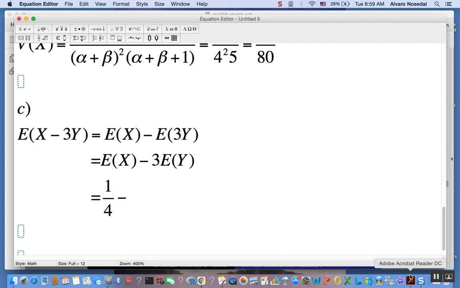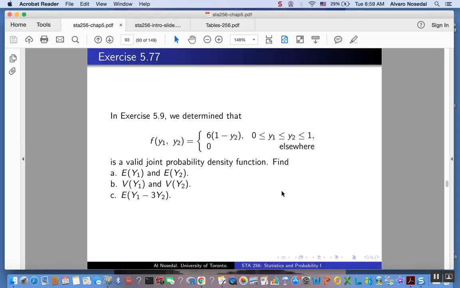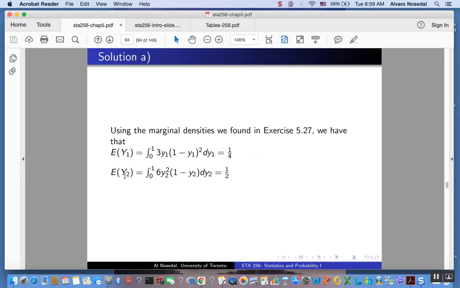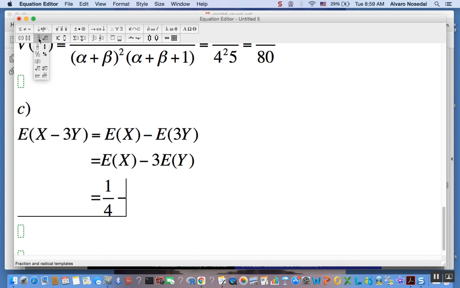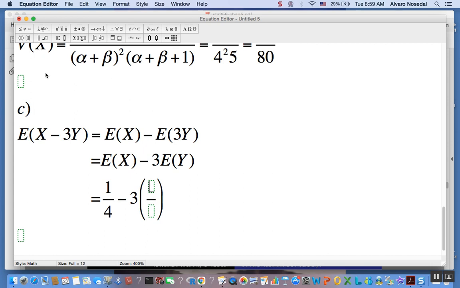The expected value of y, we have here, is 1/2, but it's 3 times 1/2, and that's it. Then we just do the math.